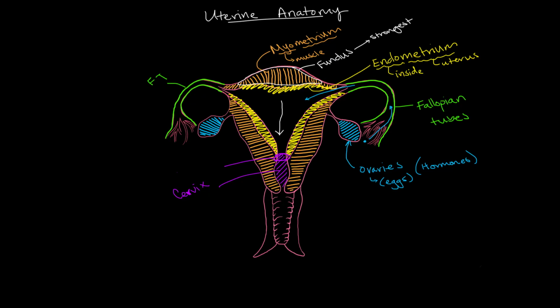At the top, we have the internal os, and at the bottom we have the external os. The cervix mainly protects the baby from falling out too early during pregnancy, so it's quite firm and holds the baby in.